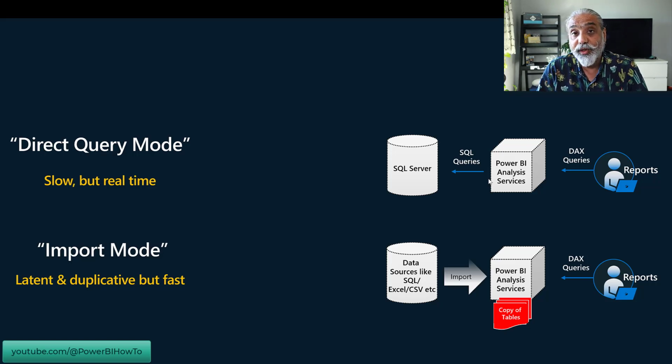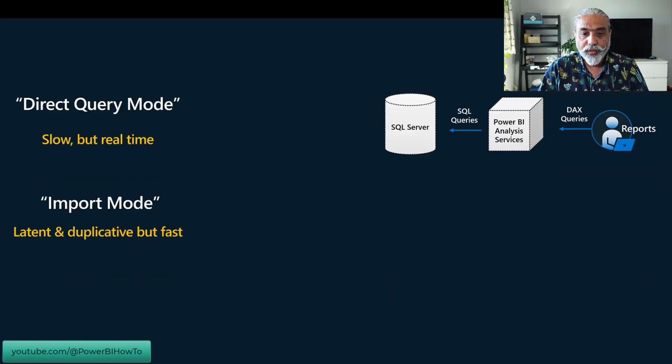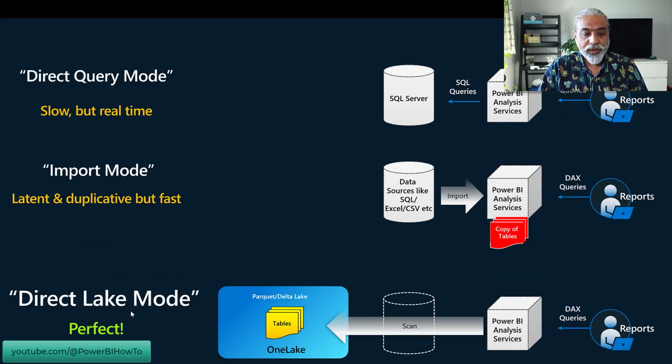Now, there is the third one, which is called Direct Lake. This is kind of the best of both worlds. You never bring the data into memory, you don't import the data. You are always querying directly your OneLake, where the data is stored in Delta tables.